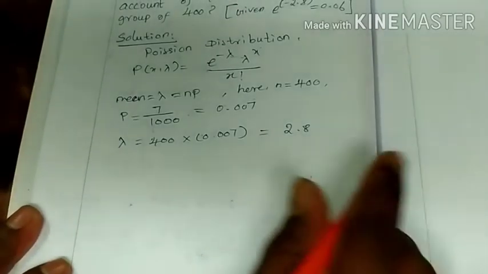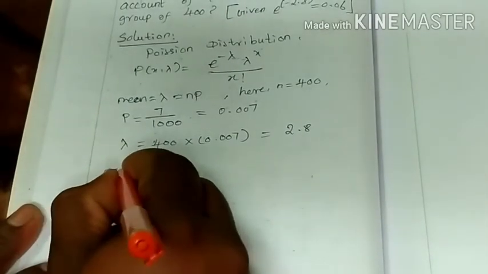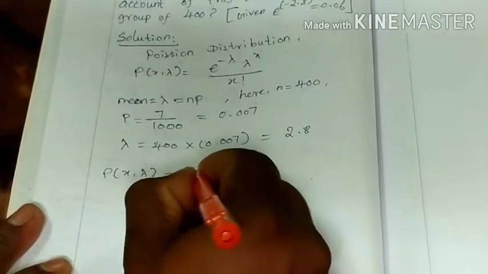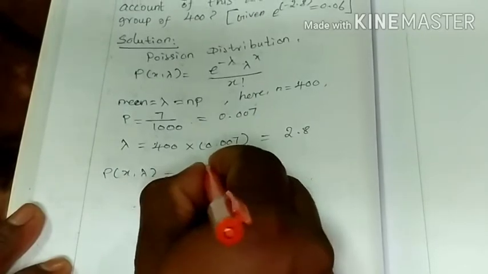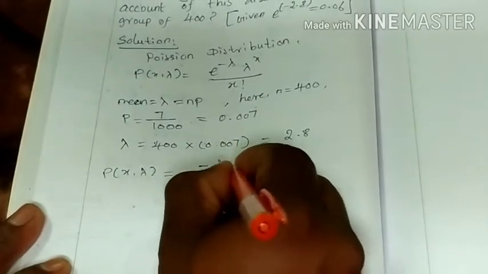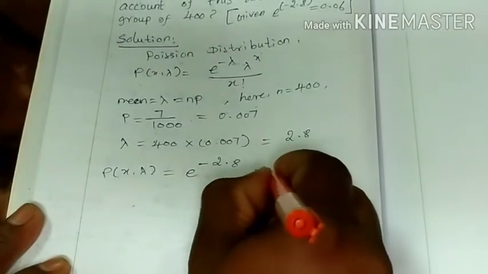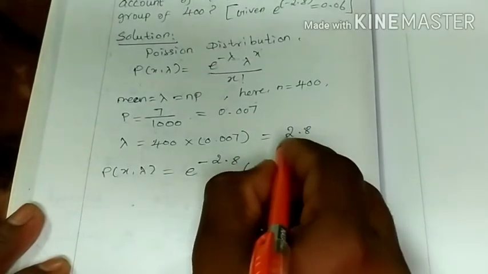Now apply the formula: P of x comma lambda equals e power minus lambda, where lambda is 2.8, into lambda power x, divided by x factorial.